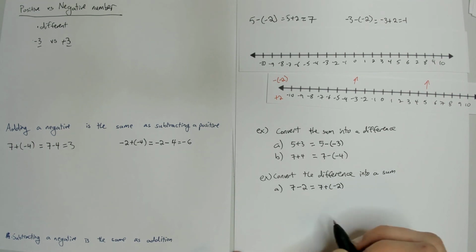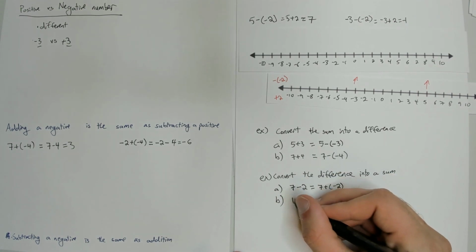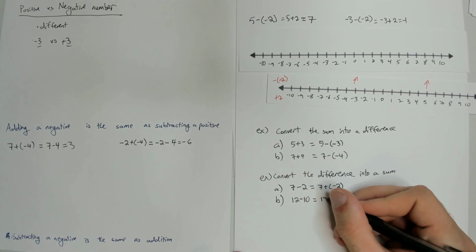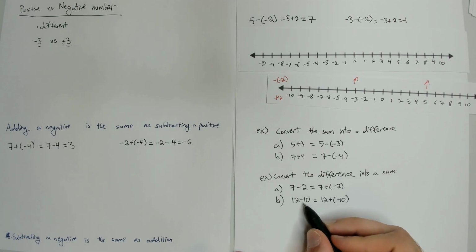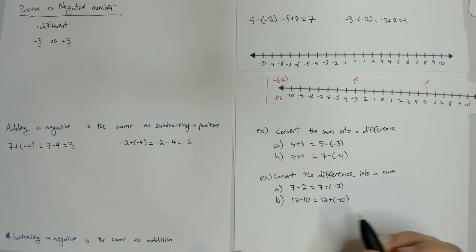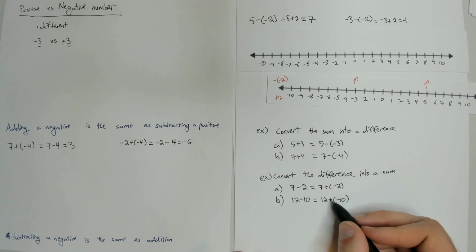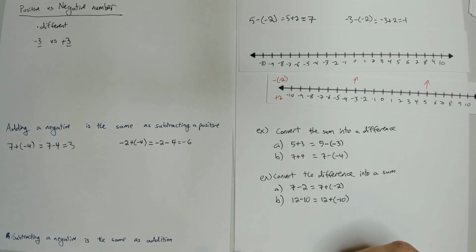So these accomplish the same thing. And let's go 12 minus 10. That can be written as 12 plus negative 10, since this means we are moving to the left by 10, and this negative 10 here means that we're going to be going in the opposite direction of what the plus would say, so we're actually also still moving to the left by 10, so these are equal.